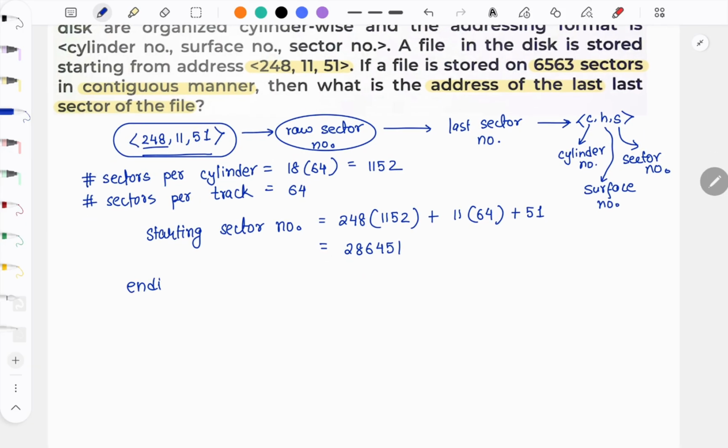Now for the ending sector number, we'll use this first sector number, then add the number of sectors required to store this file, and then we'll remove one because we have started storing from the first sector itself, which will be 293013. This is the sector number we have got.